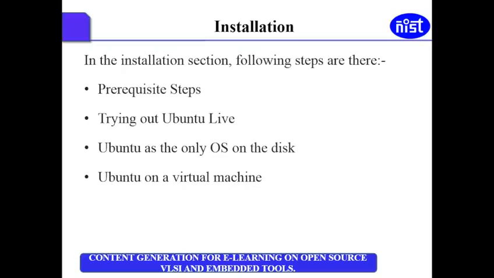Or if you have only one operating system, that is Ubuntu, in your system, then you start having problems because not everybody is very well acquainted with the Ubuntu operating system. We want to use a GUI and are better acquainted with the GUI. Ubuntu provides a GUI, but most of the things we do through commands.